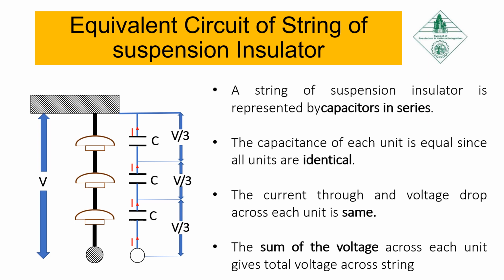The capacitors are connected in series. The current through all the capacitors is the same and hence the voltage drop across them. If the applied voltage across the string is V, then voltage across each unit is equal to V by 3.